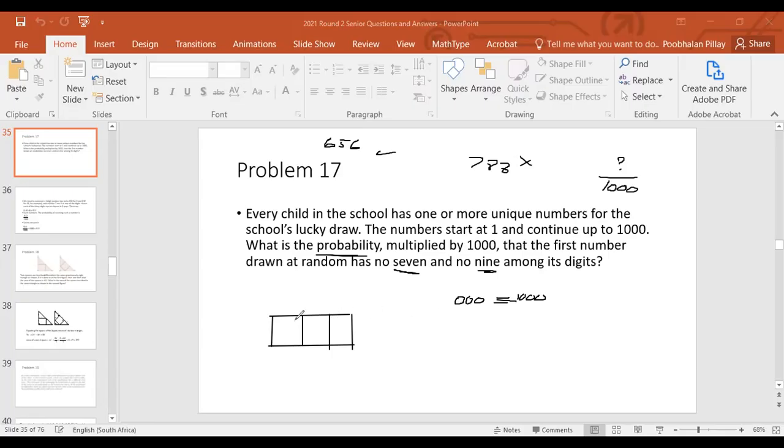So I can have any number from 0 to 9 here. Like a number like 6 will be 006. 35 will be 035. So we can add a 0 in the hundreds place and the tens place, and the units are all included. So the question is now, how can we choose these numbers so that we have no 7s and no 9s?